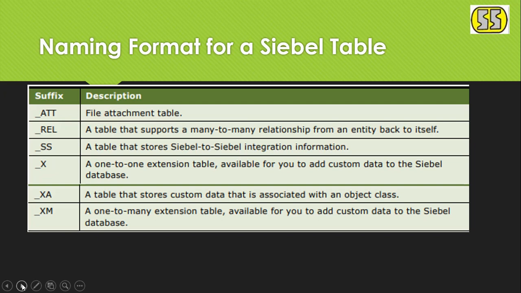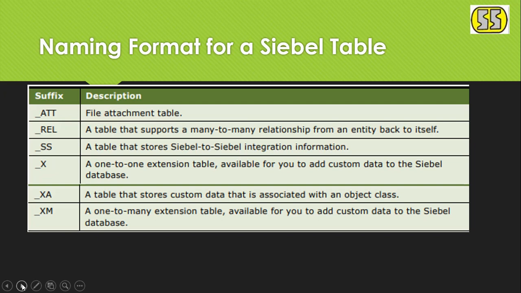So any attachment table will end with the suffix underscore ATT, so that we understand this is an attachment table. Attachment tables have different properties. In other tables we keep only data like first name, last name, email id, all these things.